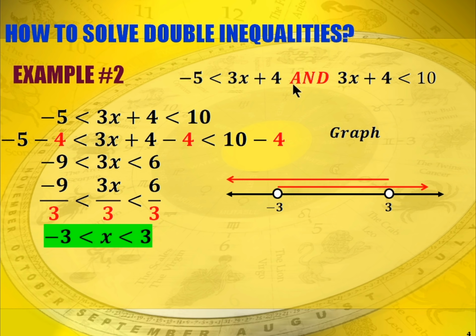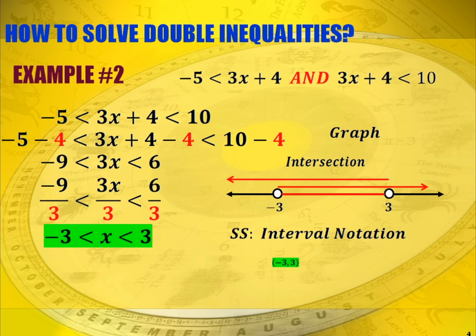Now take note that this is and, so we're going to get the intersection of the two graphs. So we have this one. So the solution set in interval notation is negative 3 to positive 3. Take note that negative 3 and 3 are not included.